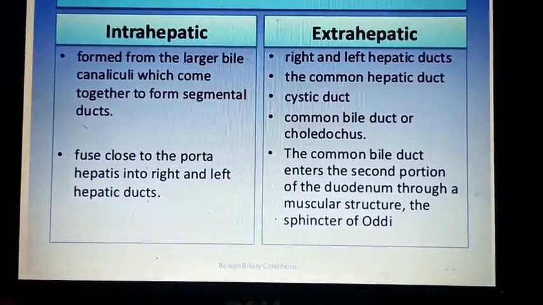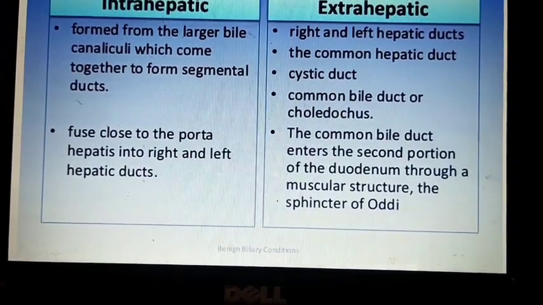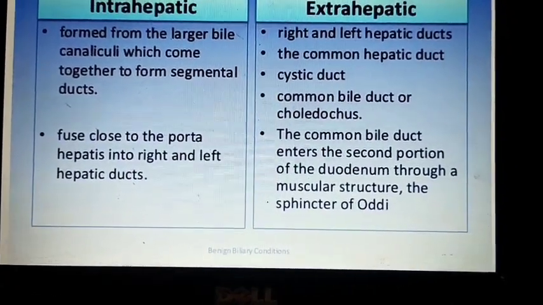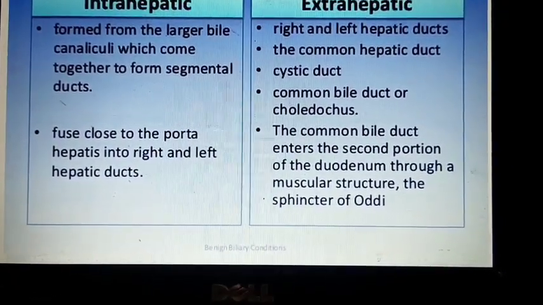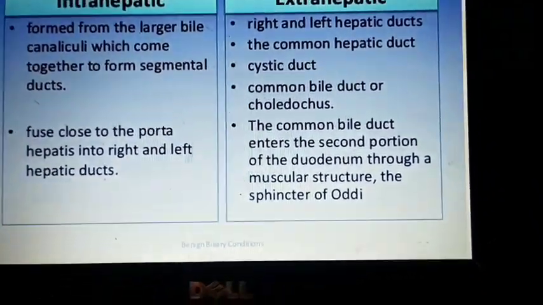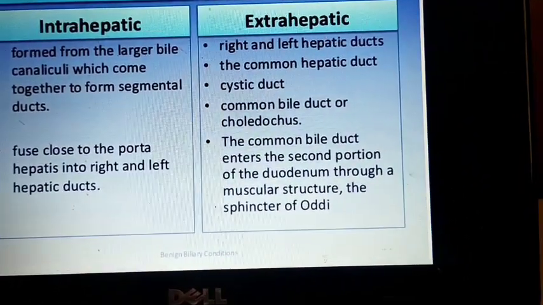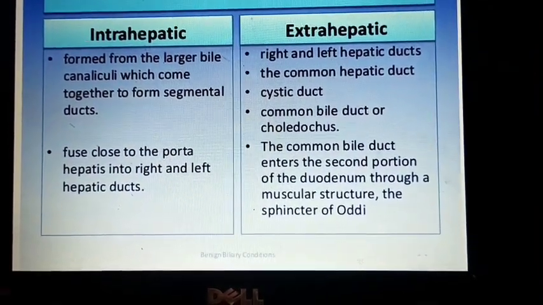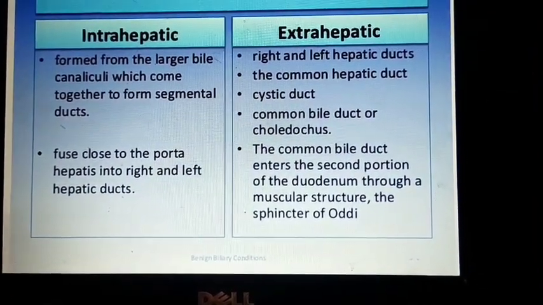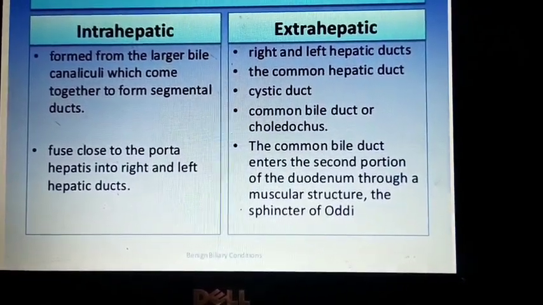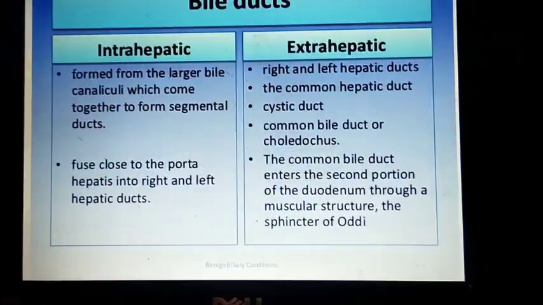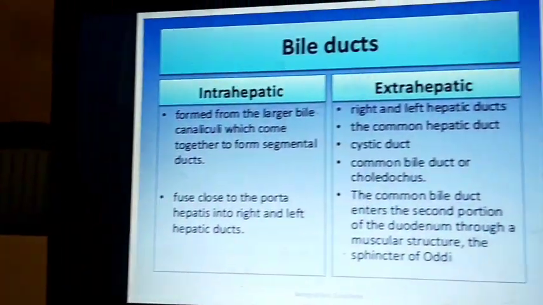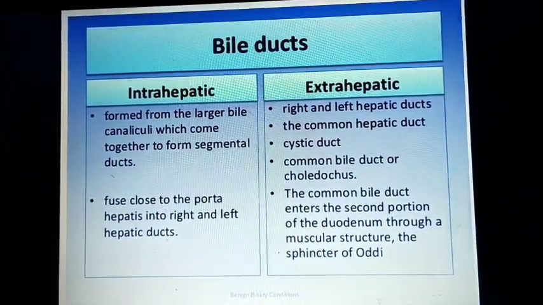That common bile duct enters the second portion of the duodenum through the muscular structure of the sphincter of Oddi. There it joins with the pancreatic duct at the hepatopancreatic ampulla of Vater, and that ampulla of Vater has one sphincter, which is the sphincter of Oddi. You can go for the next slide.